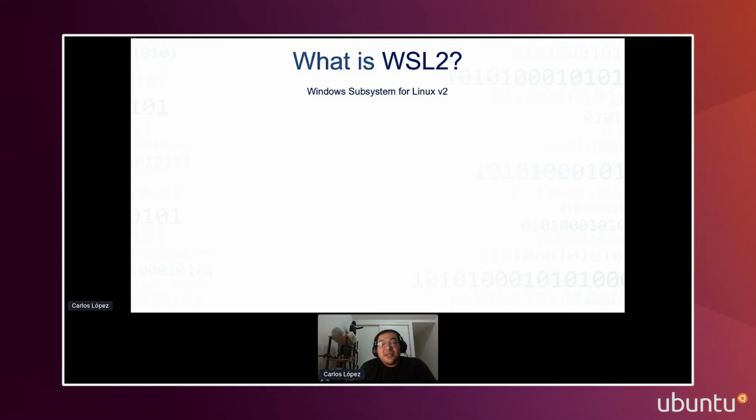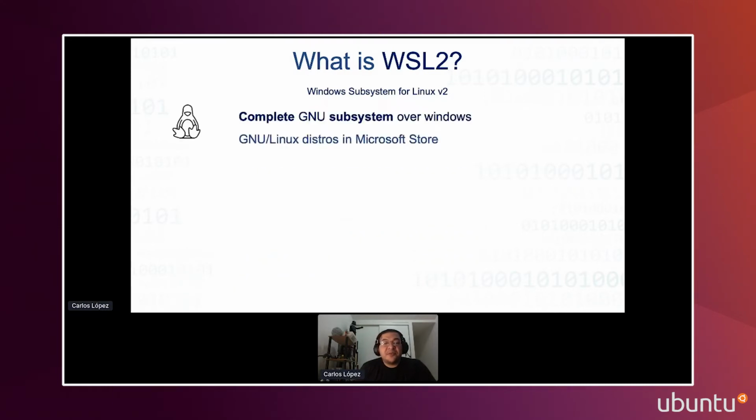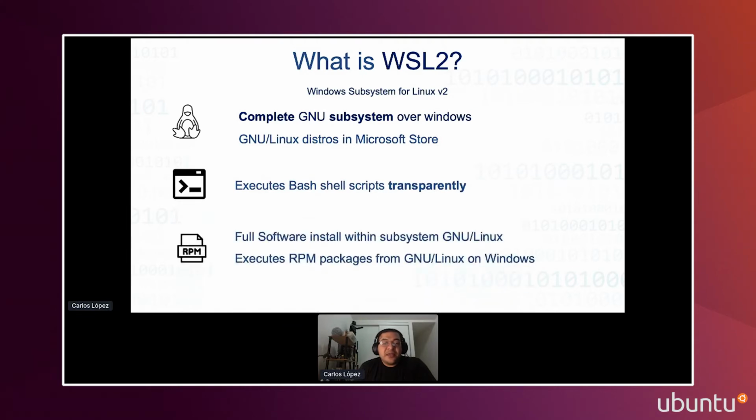So what is it? It's the Windows Subsystem for Linux version 2. It is a completely new subsystem over Windows, available in several distributions on the Microsoft Store, and it now allows you to execute Bash shells and scripts transparently. The full install includes the subsystem for GNU and Linux, executing RPMs.